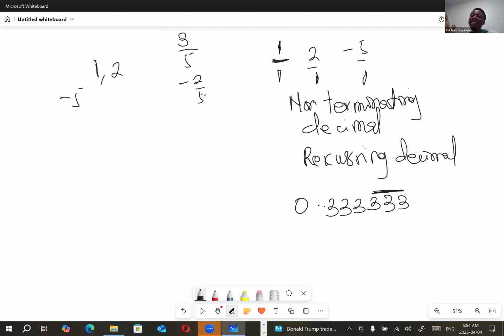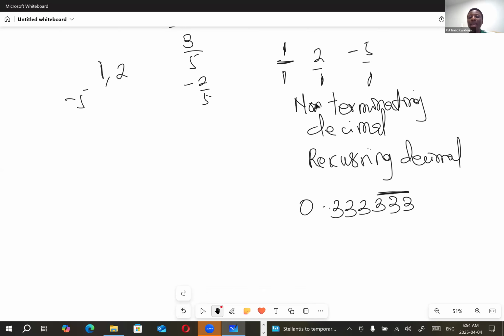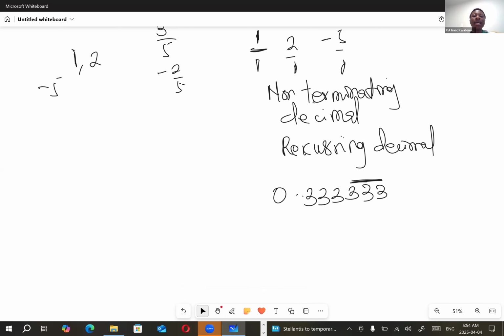The calculator has a limit, so it will put this bar there to tell you that it continues, it doesn't end. Because if it's a non-terminating decimal, it's not wise to write 0.33333 and then end it there. That means that's not the answer. You and I know that the answer goes beyond that, isn't it? So the calculator will put a line on top like this to signify that.